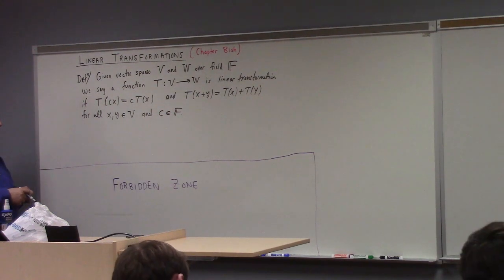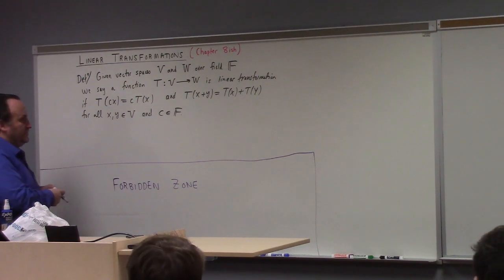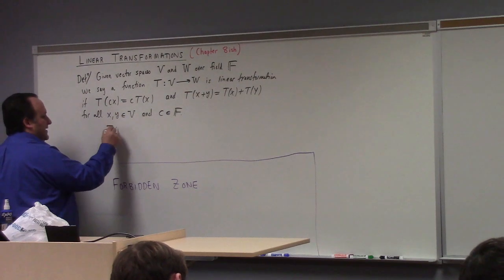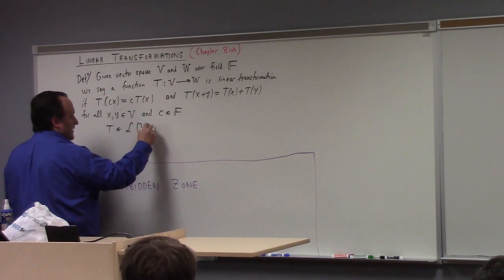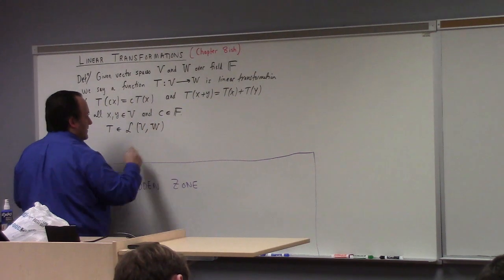All right. Various notations exist for the set of all such things. Like some people would say that T is an element of the linear transformations from V to W. Right?